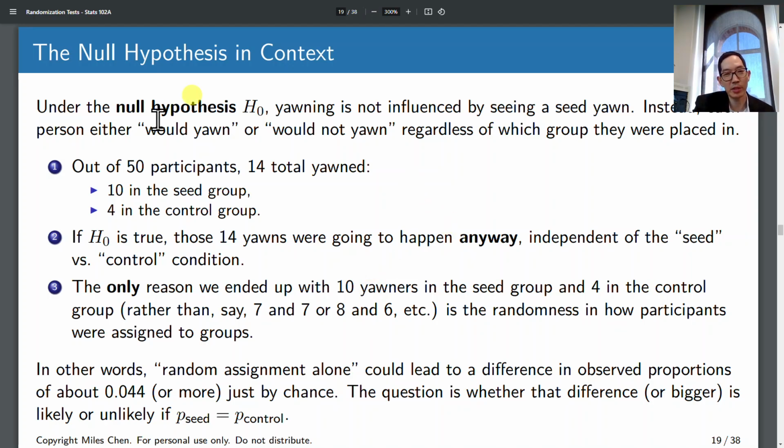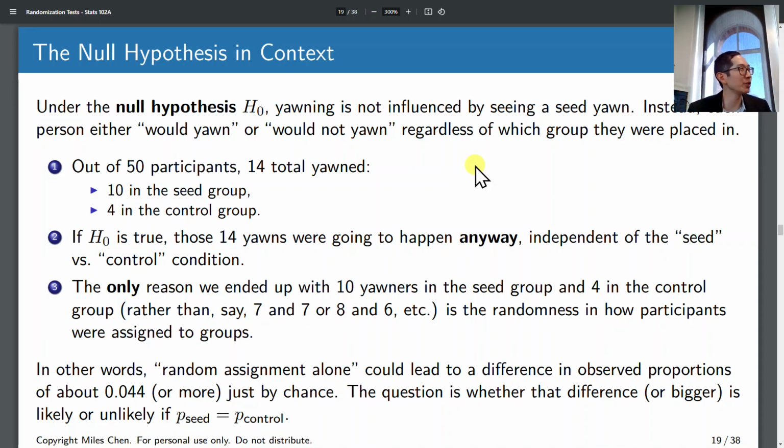So our null hypothesis is that yawning is not contagious. If that null hypothesis were true, then people would either yawn or not yawn, regardless of which group they were placed in. Out of the 50 people, if the null hypothesis were true, these 14 people who yawned, it was their destiny to yawn.